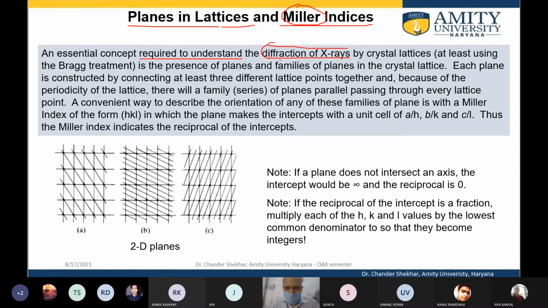So we know what is diffraction, and now X-ray diffraction, because again the basic condition for diffraction is satisfied in the case of X-ray diffraction. And what is the basic condition? That the wavelength of the electromagnetic radiation, that means X-rays, is of the same order as the interplanar spacing.